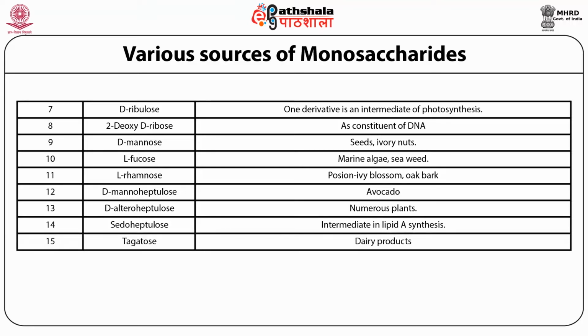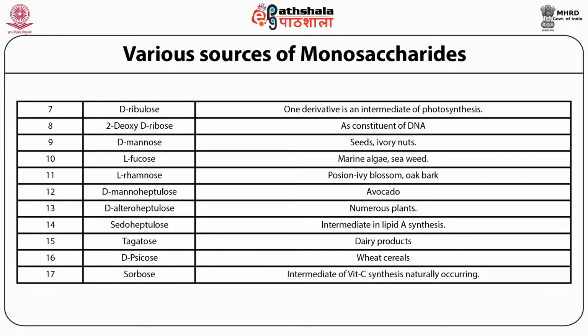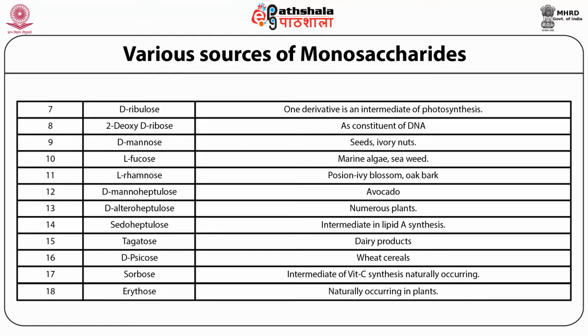Tagatose is a dairy product, and nowadays tagatose is an alternative sugar for diabetic patients because it does not increase the blood sugar level. And D-xylose is very much present in wheat cereals. And sorbose, which is an intermediate of vitamin C biosynthesis, generally occurs in all citrus foods. Erythrose is naturally present in naturally occurring plants.